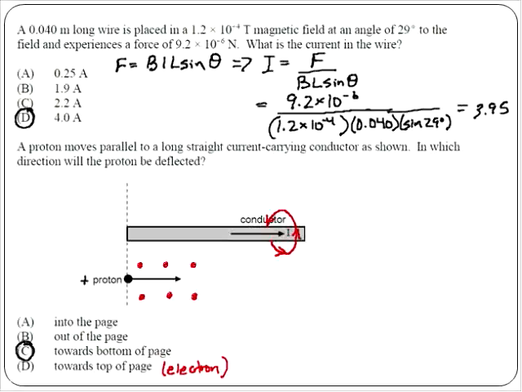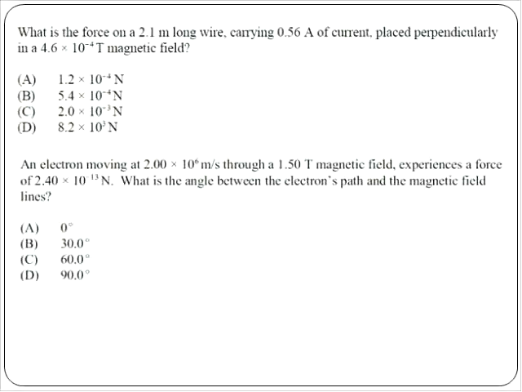If you use your right hand, your thumb pointing in the direction the proton is traveling, your fingers pointing straight at your face, your palm would point downwards. So you still get C that way as well. So you've got 2 choices. You can either use your left hand and reverse the direction for a positive charge, or you can just use your right hand, which is going to give you the opposite already. So, your choice. Let's try the next one.